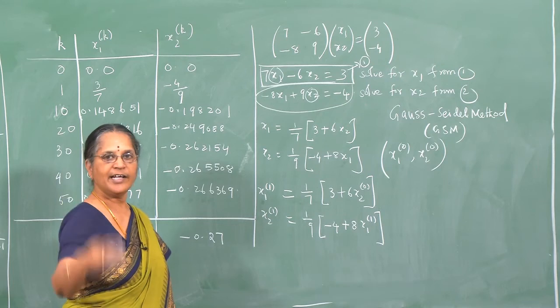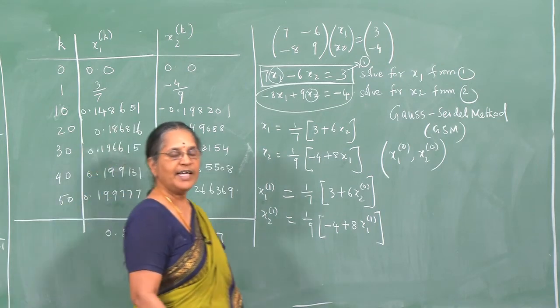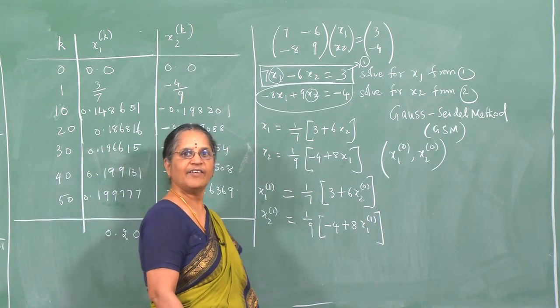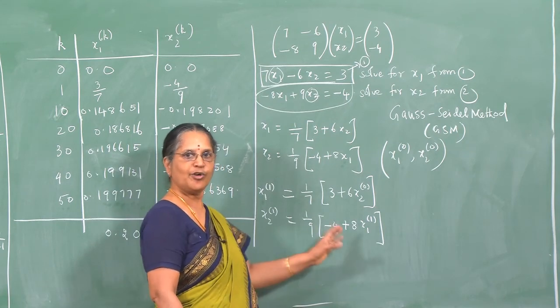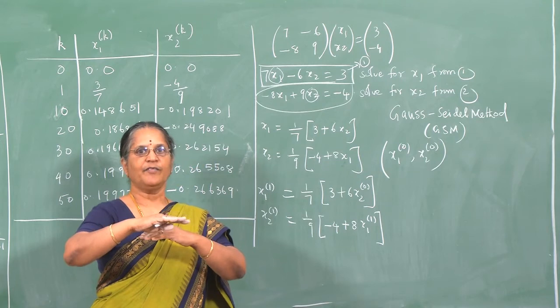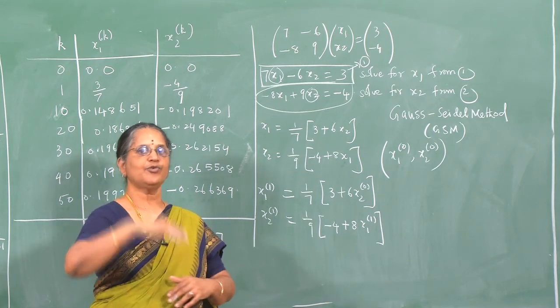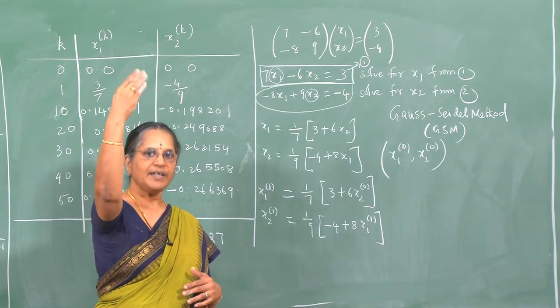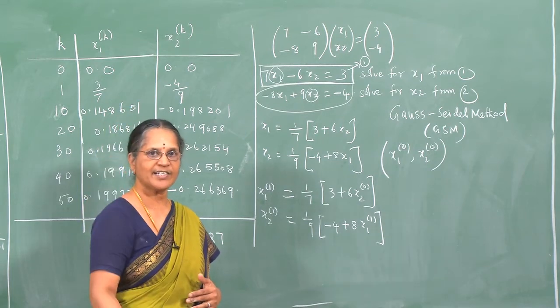I recall in the Gauss-Jacobi method, we did not use the currently available value for any unknown on the right hand side. At any iteration, we always used the solution that was available in the previous iteration.